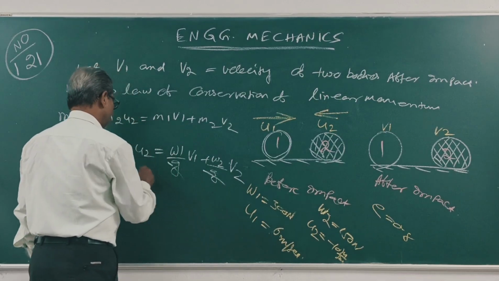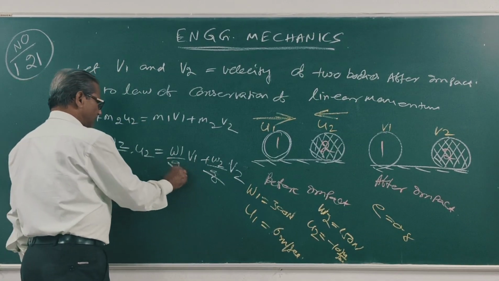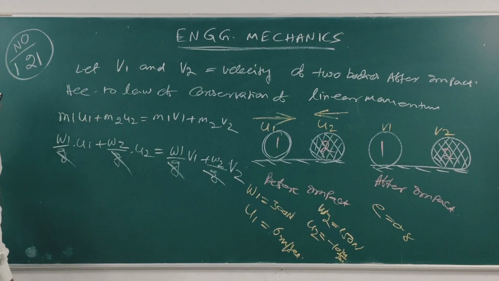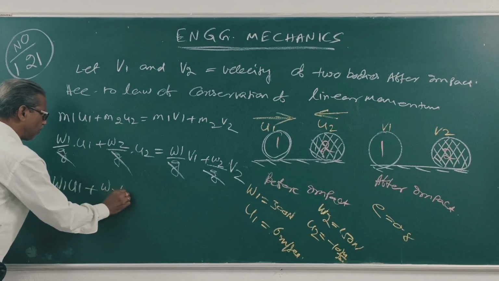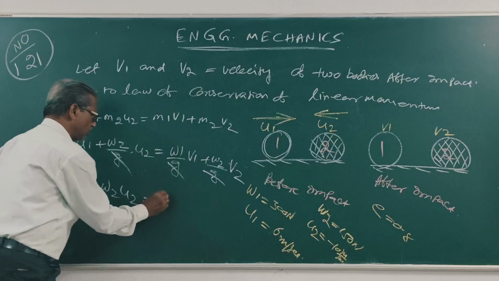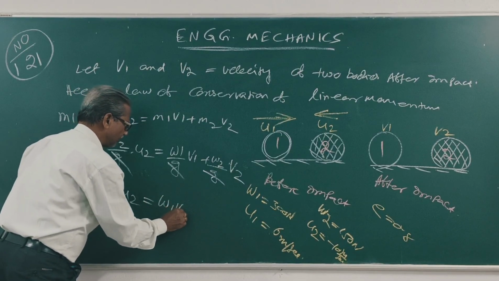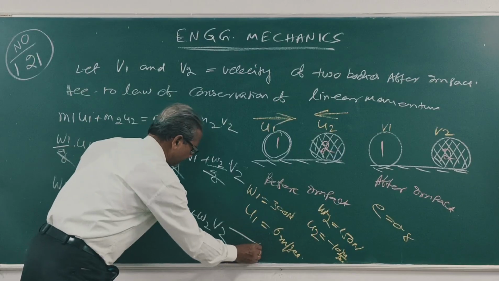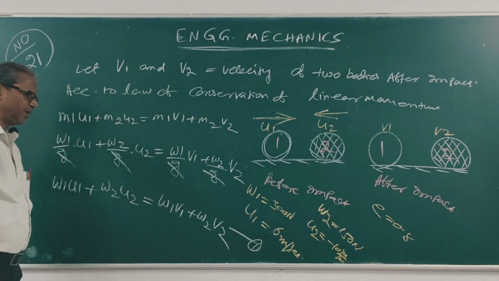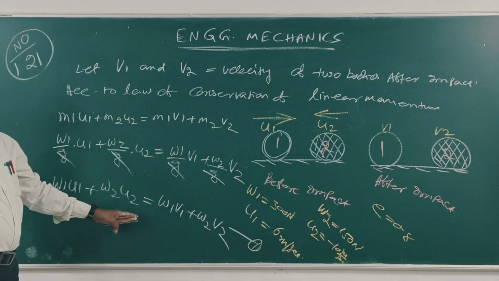So on both sides G cancels out. This is W1 U1 plus W2 U2 is equal to W1 V1 plus W2 V2. Equation 1. Right?